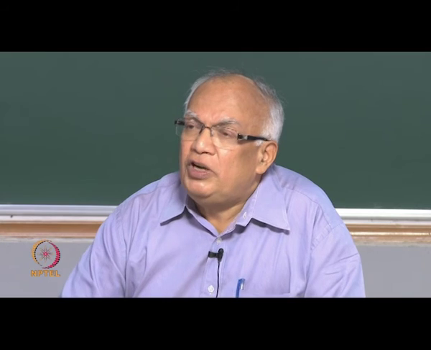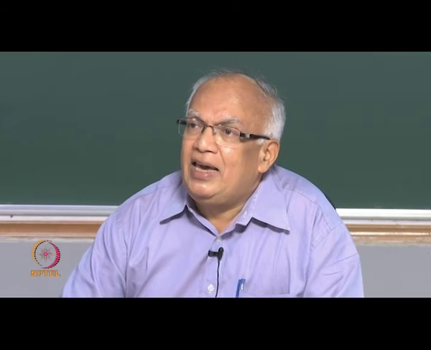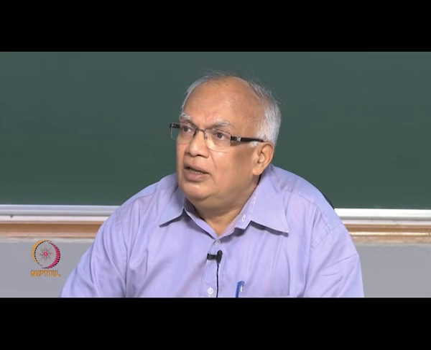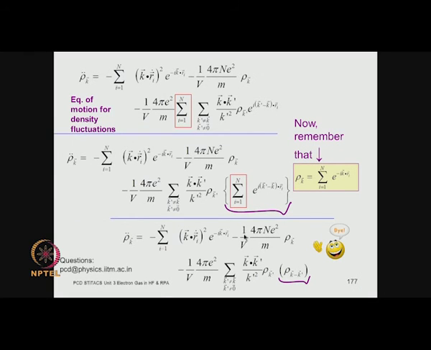So it is just the equation of motion for a simple harmonic oscillator. F is equal to minus kx for a one-dimensional linear harmonic oscillator. K is a spring constant. So that is precisely the equation that you will get.